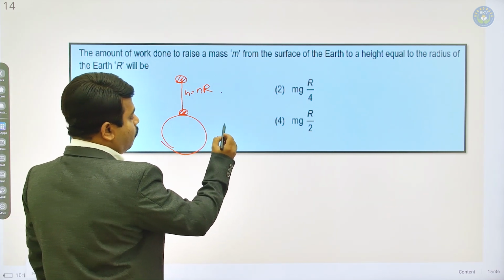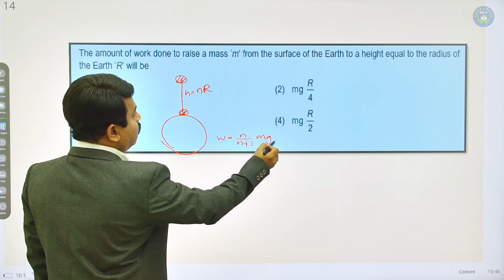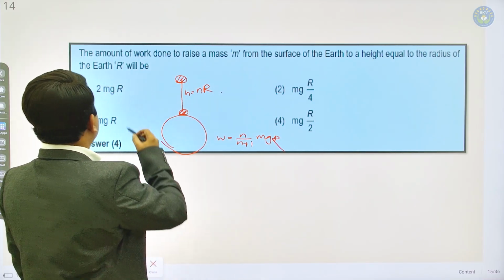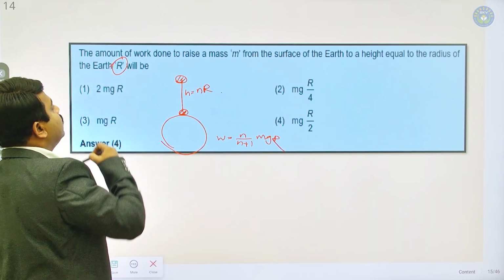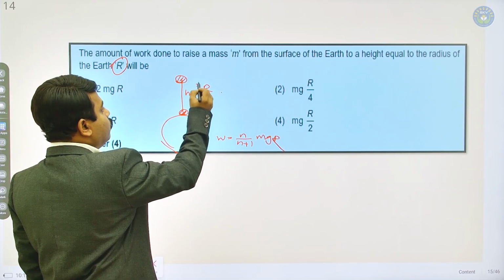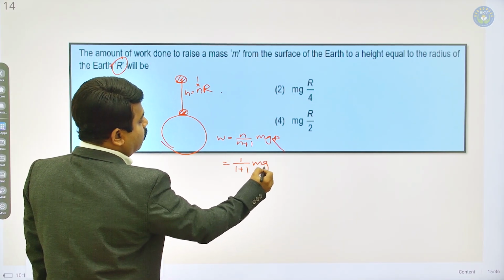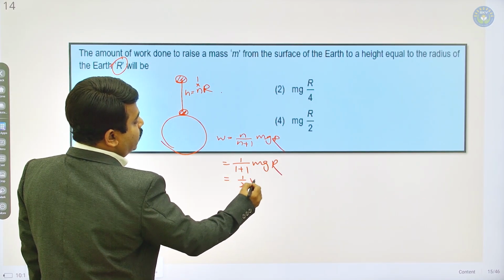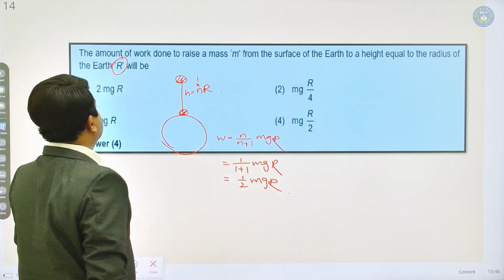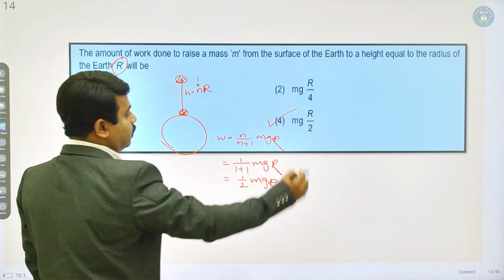W is equal to n by n plus 1 into mgR. But as per the question, we are raising to a height R only. R means n should be equal to 1. Then 1 by 1 plus 1 mgR, that is half mgR, right? Then which is the option? Option 4 is correct, right?